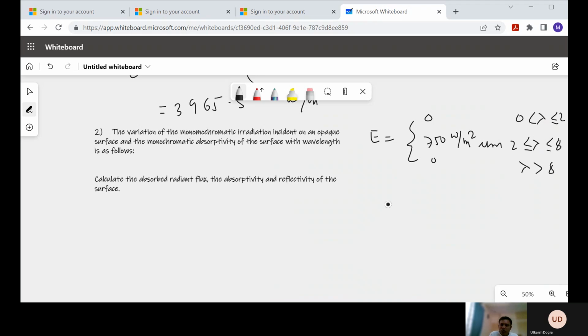In addition to that, the absorptivity alpha lambda is given as 0.